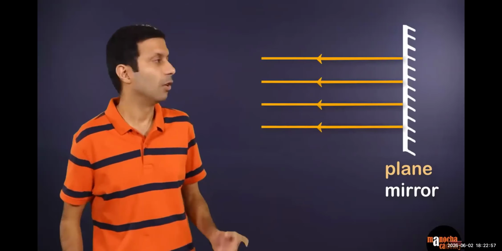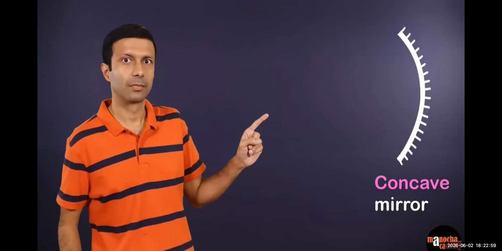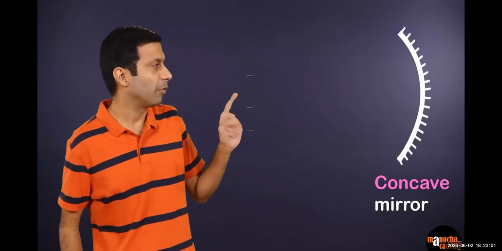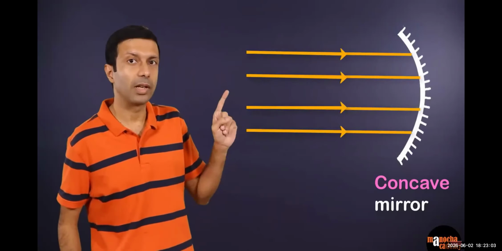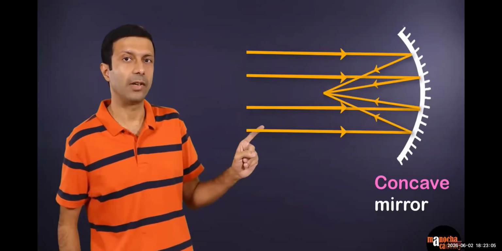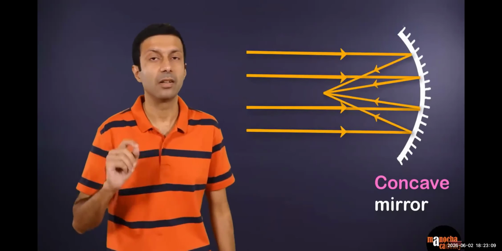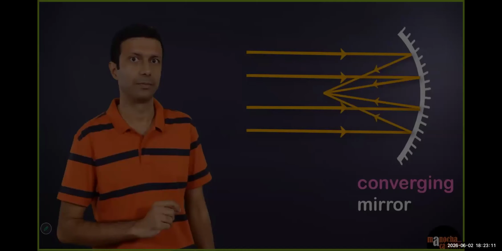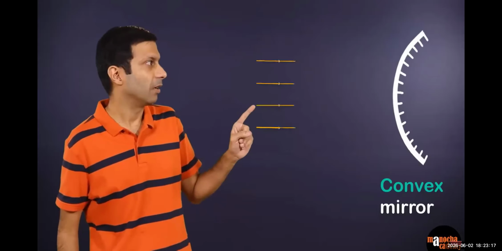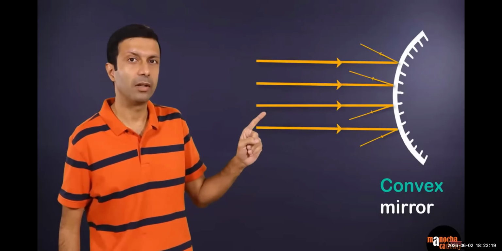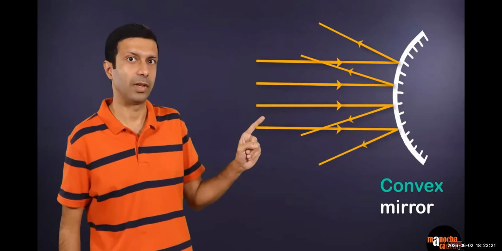Next, let's try the concave mirror. Now if you throw the parallel beam of light, can you see that the concave mirror converges the light rays to a point? The concave mirror is a converging mirror. And now let's look at the convex mirror. If you throw the parallel beam again, can you see that the convex mirror is diverging the light rays?